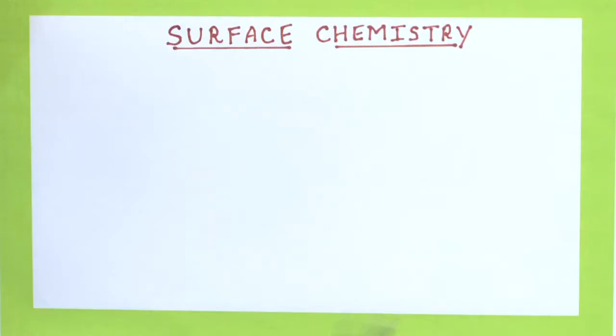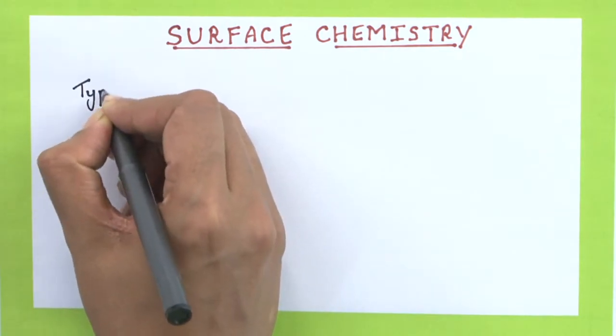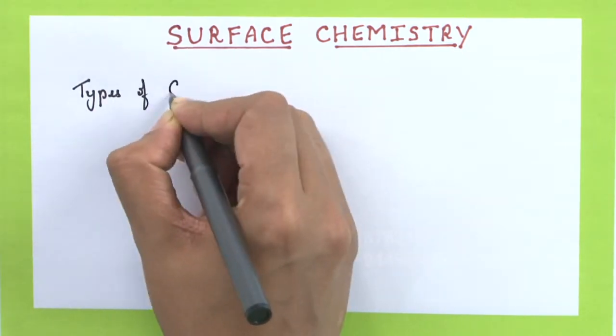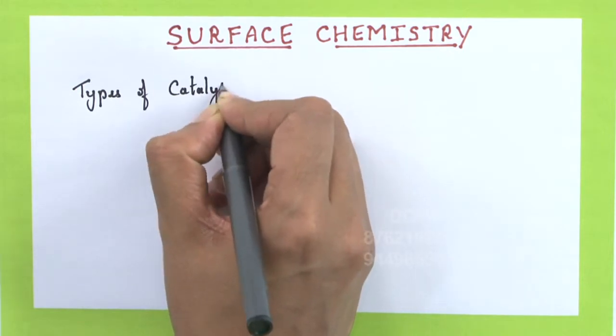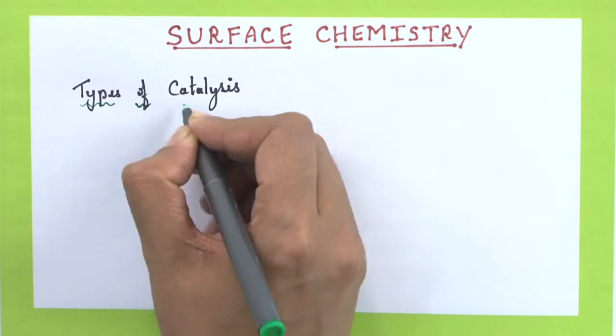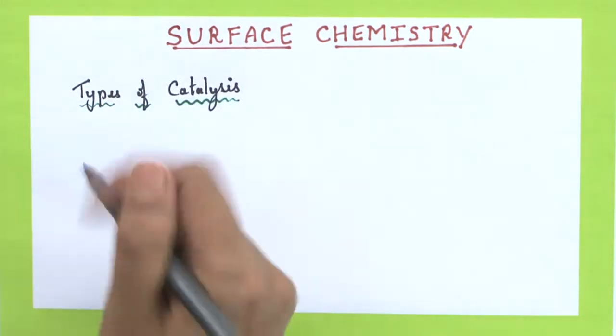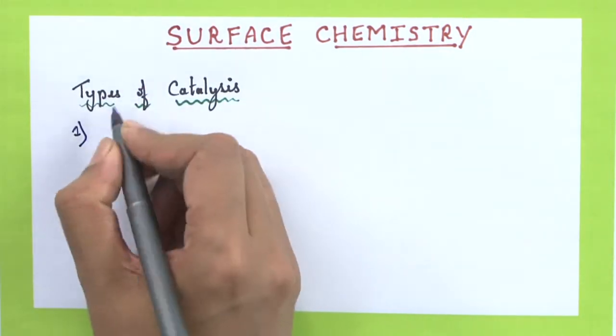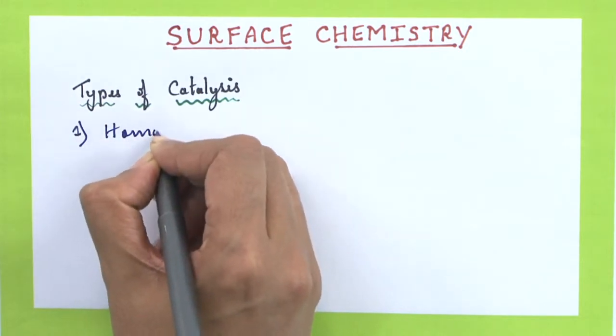So, let us name them. Types of catalysis. First one, homogeneous catalysis.